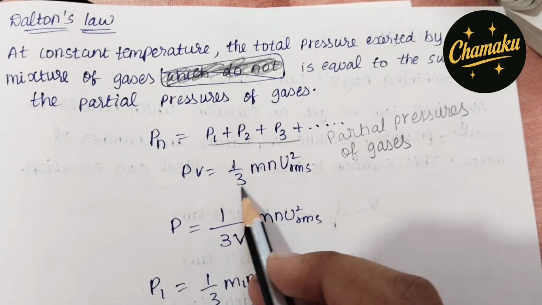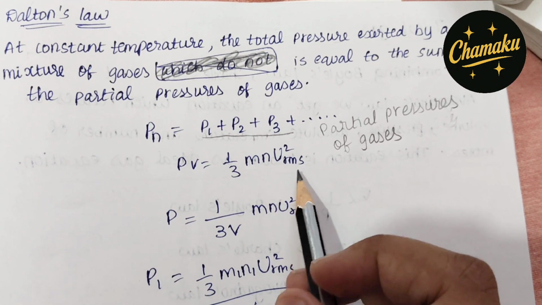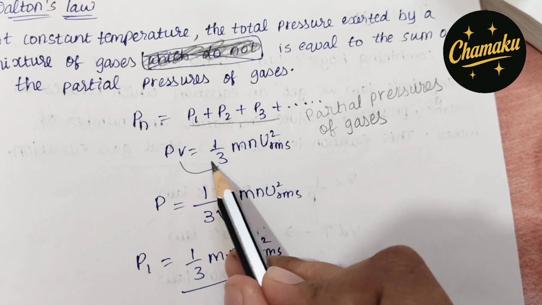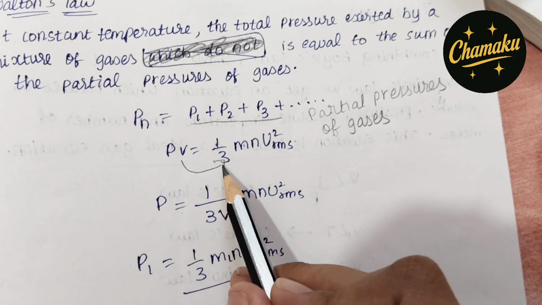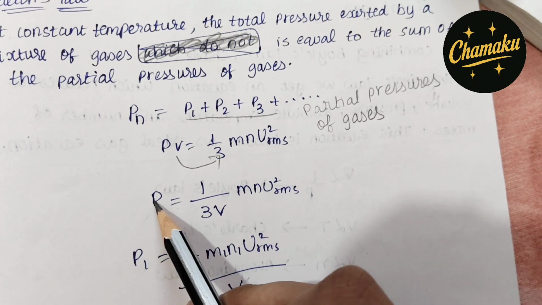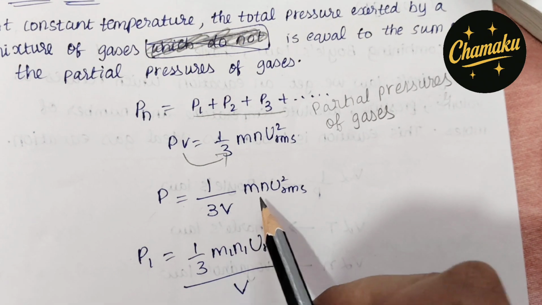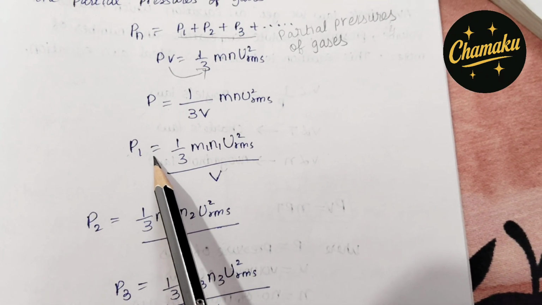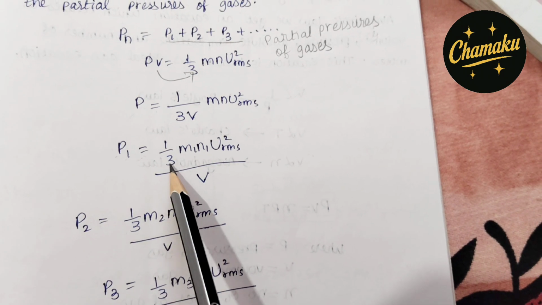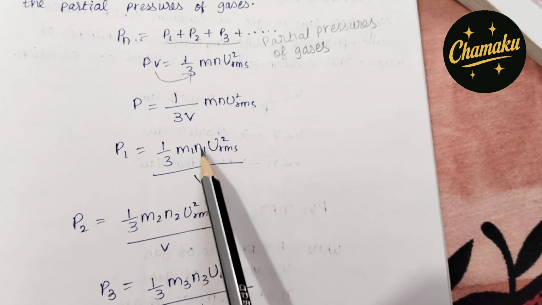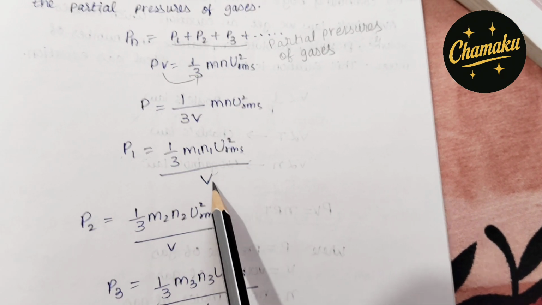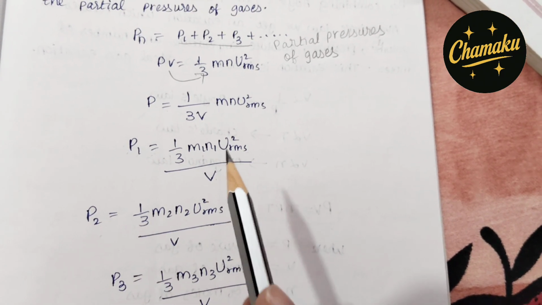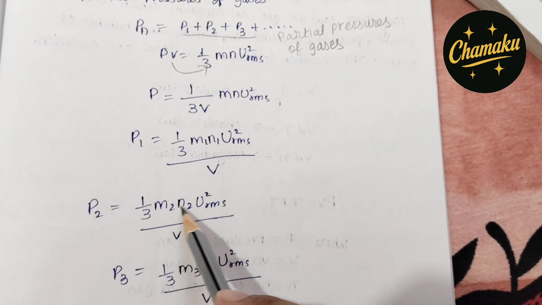So now PV is equal to 1 by 3 mn u square RMS. So P is equal to, we will be taking this V to this side. Okay, volume we will be taking on the right side. So pressure is equal to 1 by 3V mn u square RMS. So P1, pressure 1, is equal to 1 by 3 m1 n1 u square RMS by V, and P2 is equal to, just the same formula, just change the numbers.